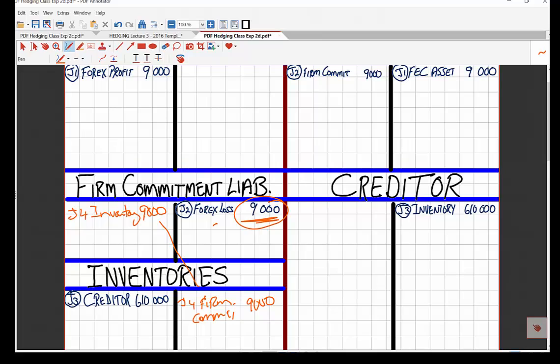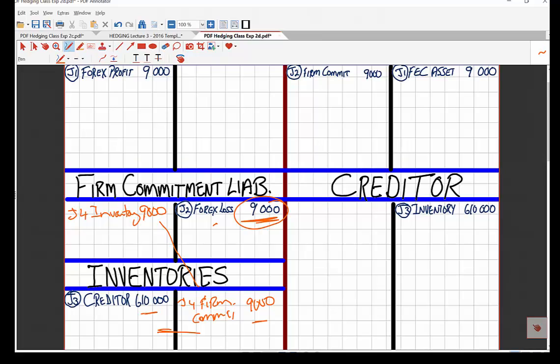And this basically is what we've done by setting off this profit that we made on the one side against the inventories on the other side. And that is the crux of this exercise and of this journal.